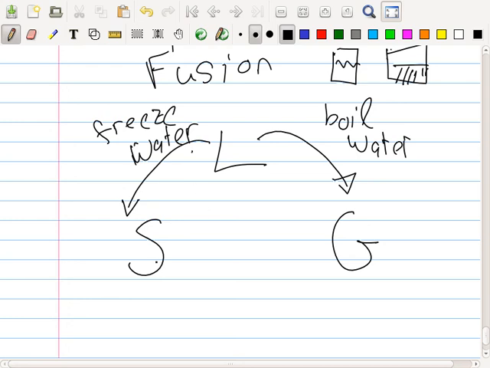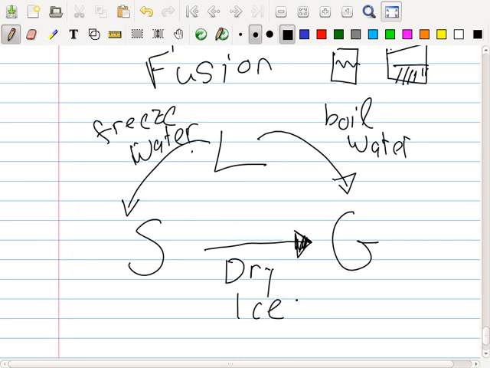Now, solid to gas. Does anybody know this? I want an example of something that goes from solid to gas. Dry ice. Does anybody know dry ice? It's made of CO2.